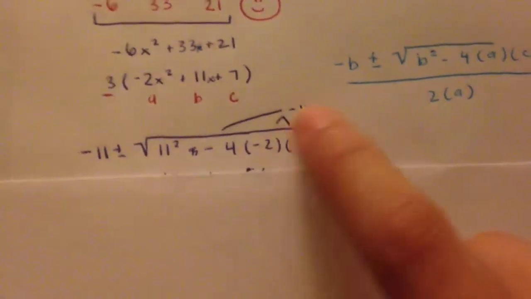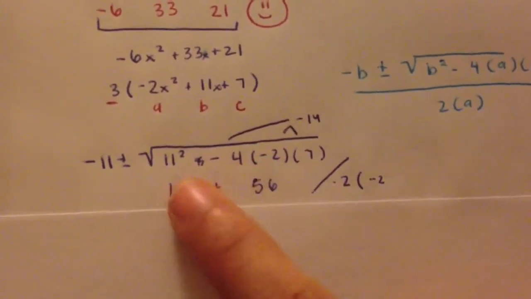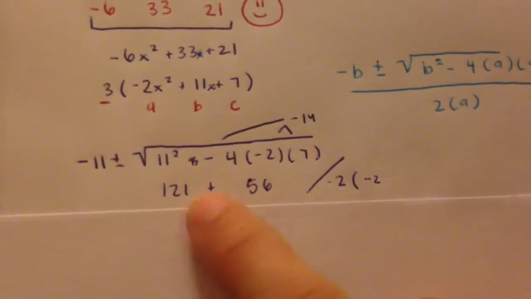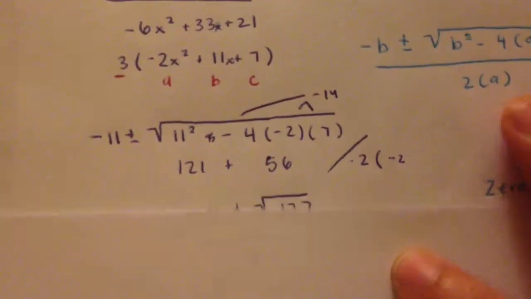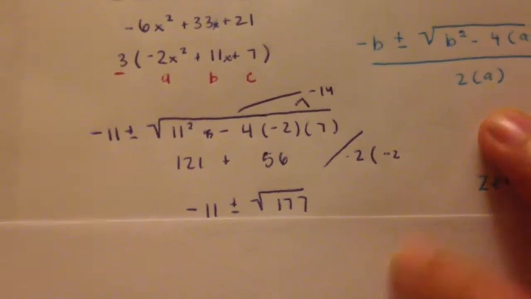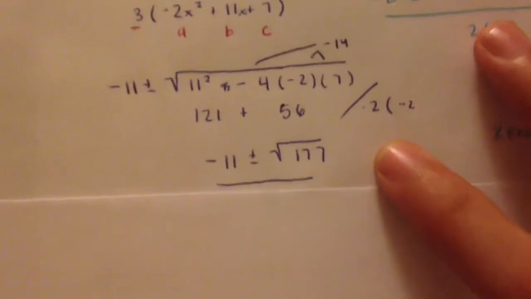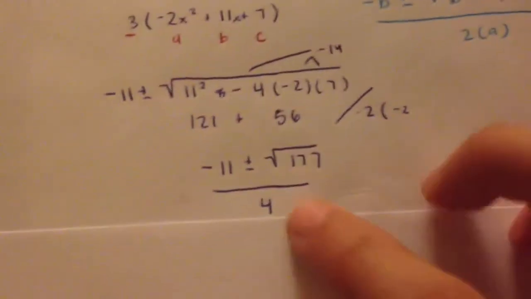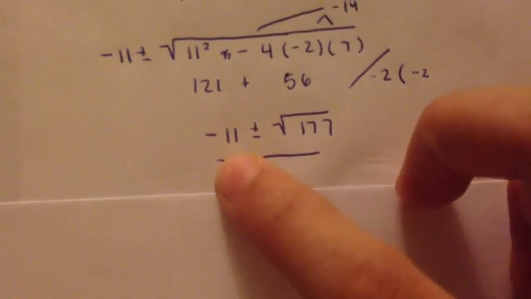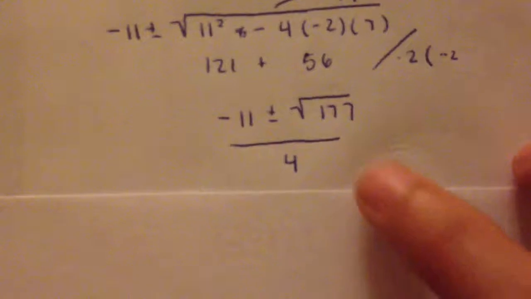Negative 14 times negative 4 is 56. 11 squared is 121. So 121 plus 56 is 177. And 2 times 2 is 4. So it would be negative 11 plus or minus the square root of 177, over 4.